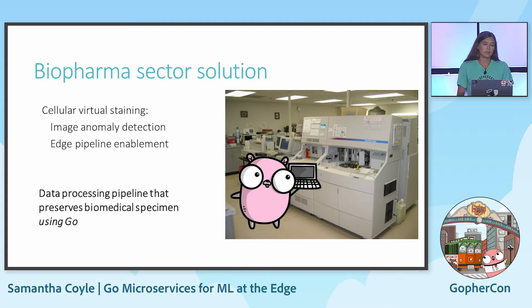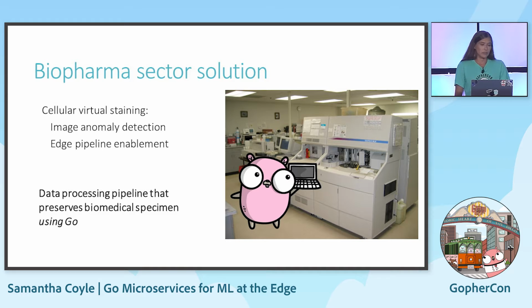This project was on cellular virtual staining. I know it sounds really cool. But basically, in this lab, right, we have these bench scientists, and they're working with these microscopes with these cellular images. And what you would typically see done is physical staining, which actually can ruin the specimen in order to see if there are any image anomalies going on in the cells.